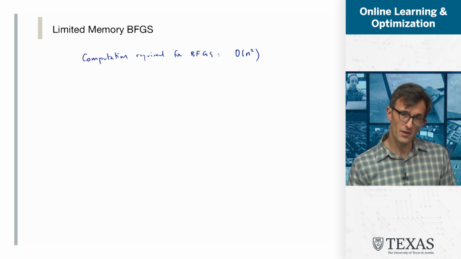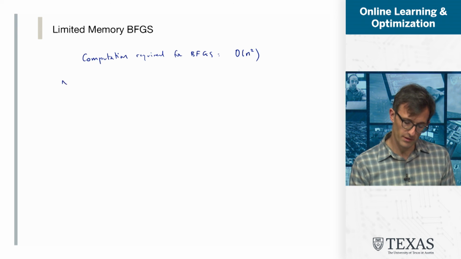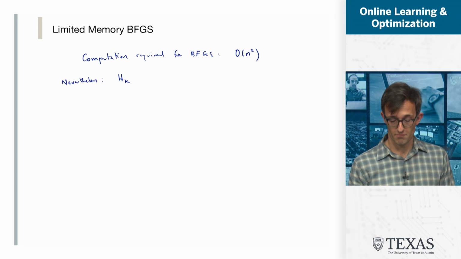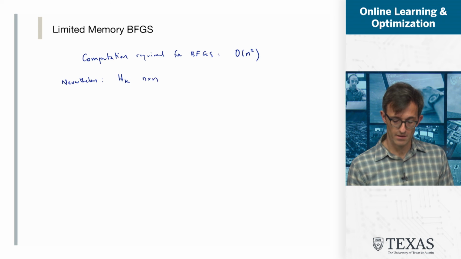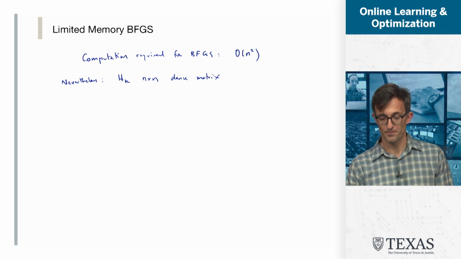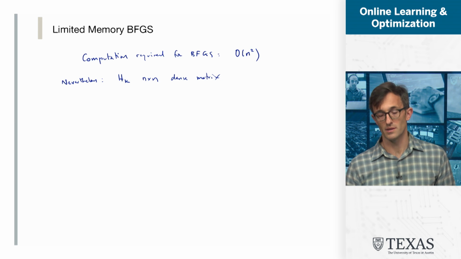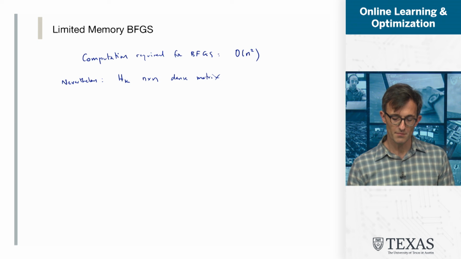But nevertheless, HK is maybe an n by n dense matrix that we're keeping around. It requires a lot of memory, and taking the product is expensive, n squared.